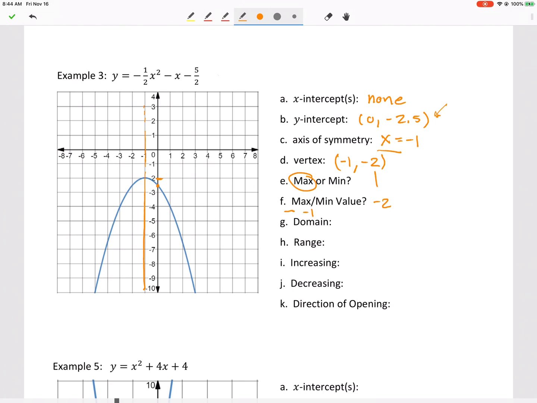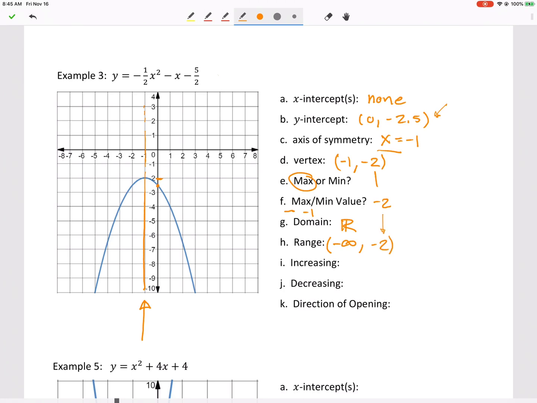Okay. Domain will always be -infinity to infinity, or this R symbol, that means the set of all real numbers. Range will start, the first point going from -infinity starts at -infinity. All those points go down to -infinity. They never end. And our highest y value is our -2.